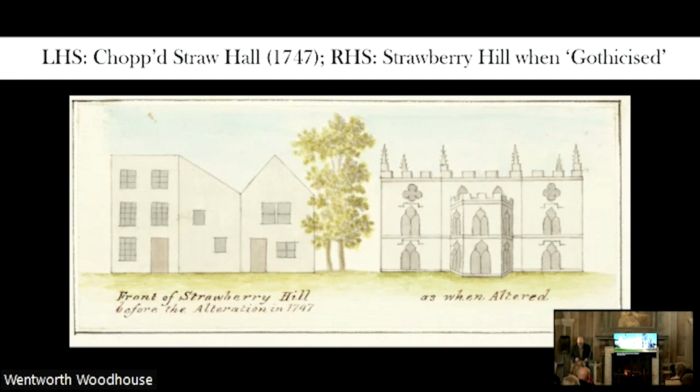The name, he claimed, he had discovered in the old title deeds to the property.